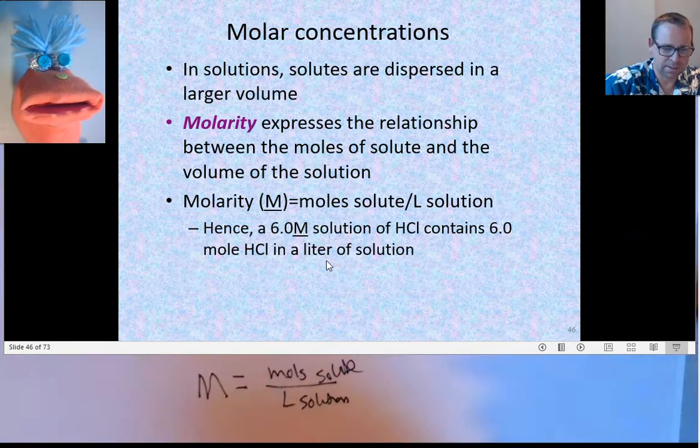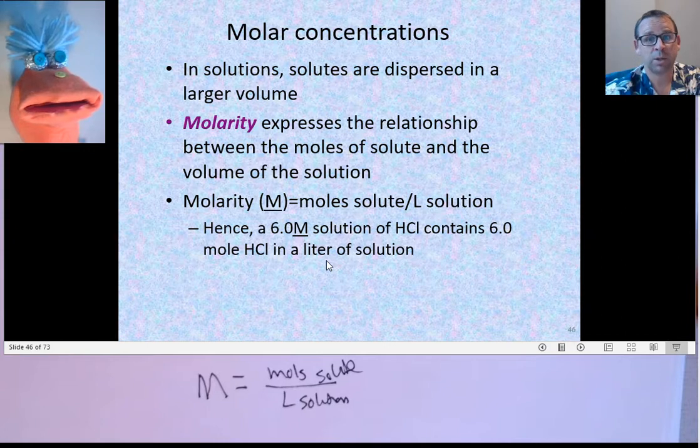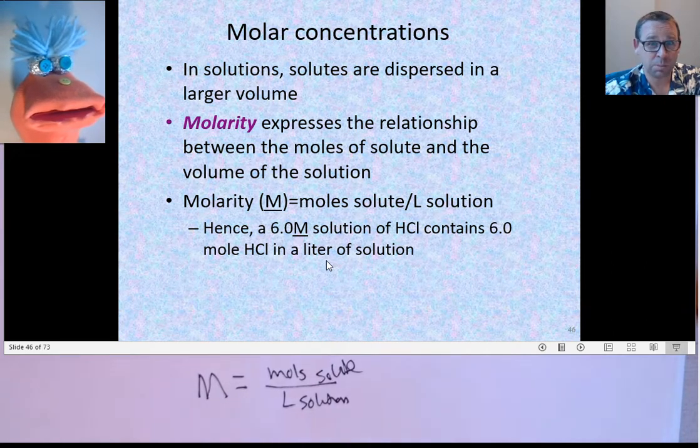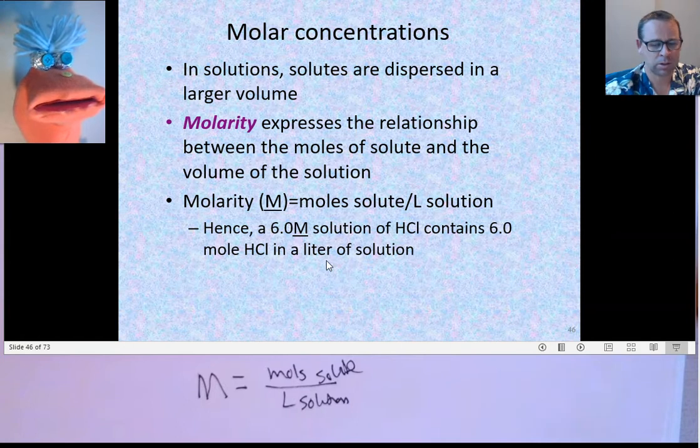And this here turns out to be a very powerful conversion factor, right? We can use how many moles there are per liter of solution to identify how much material we have to use to make a solution. We can use the molarity to determine what the concentration of a given reactant is, if it's going to react with our stuff here.